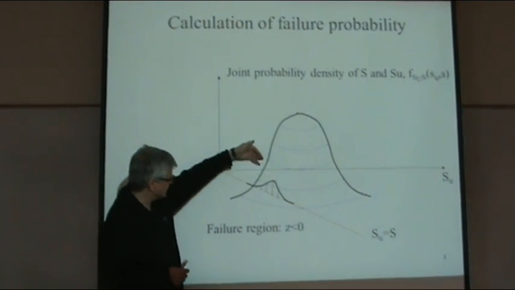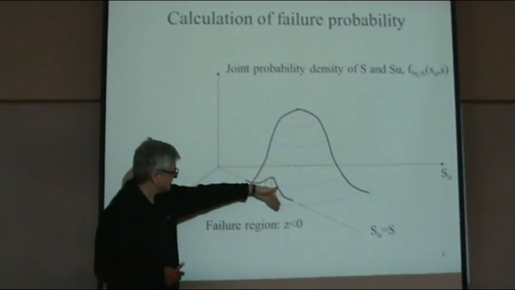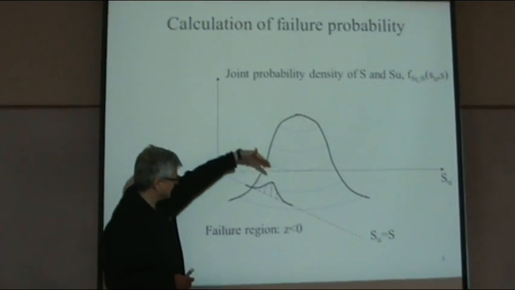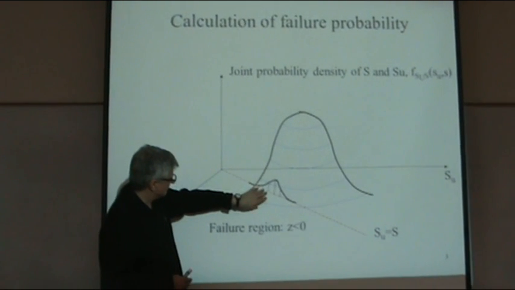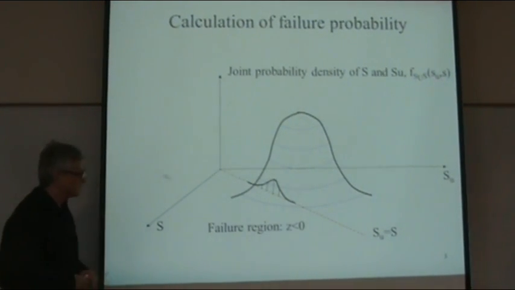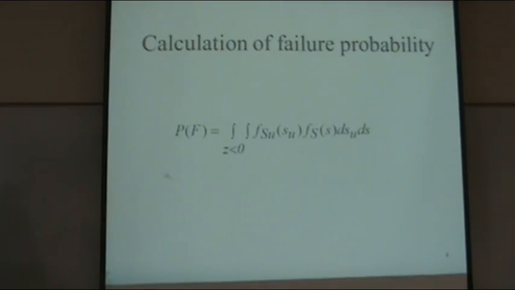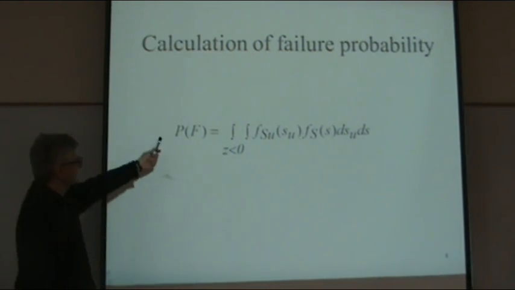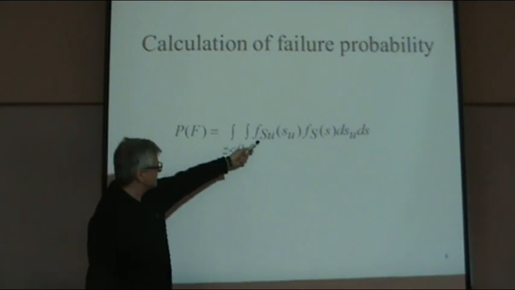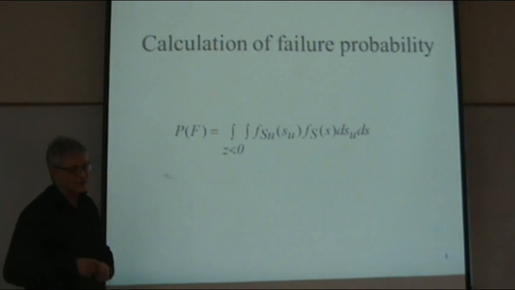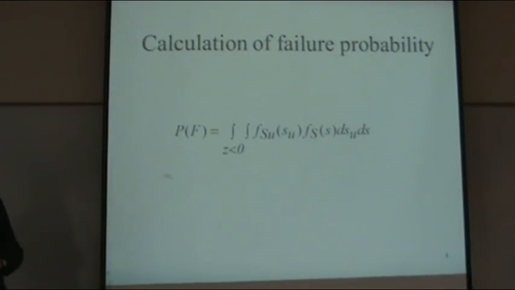So if you think about cutting this surface with a plane, then this volume is the probability of failure. That's conceptual. One equation that you can use to calculate the probability of failure is this. Essentially, this is a calculation of the volume under the failure region where the performance function is 0.